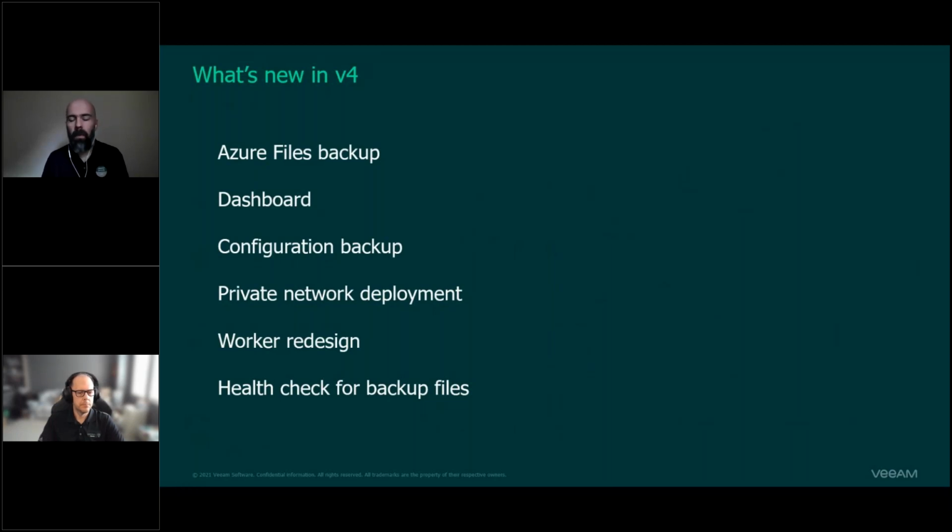We have private network deployment support, which means that when we're trying to protect resources and we want to deploy workers in virtual networks that have no access to the internet, we can support it. We've been working on a worker redesign, so we've improved the types of workers that we are using in order to increase performance and also reduce costs.